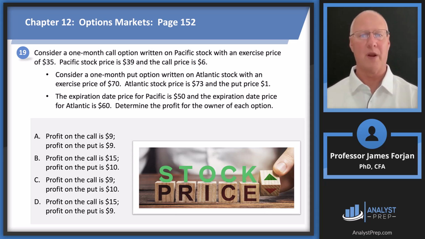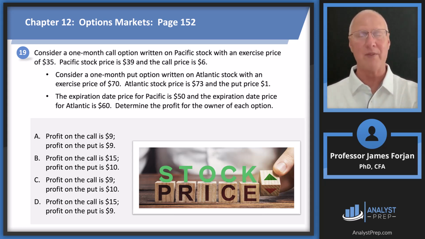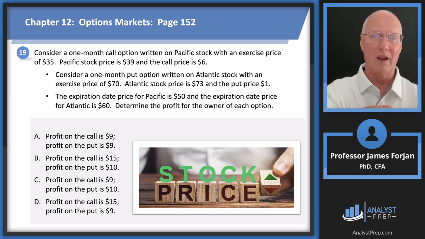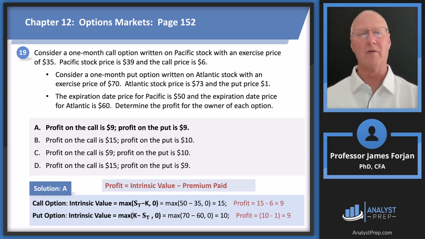So let's determine the profit for the owner of each option. This is really just a question of: are we standing regularly on our feet with a call option, or are we standing on our head with the put option? So this is just a matter of doing the math.